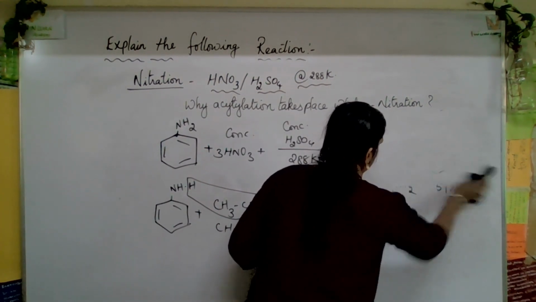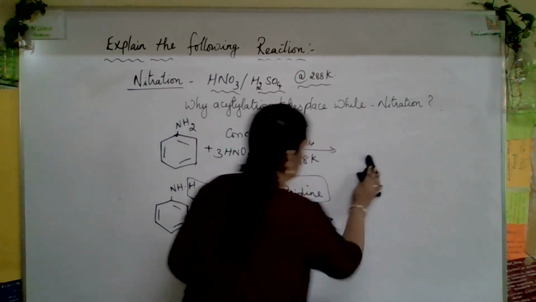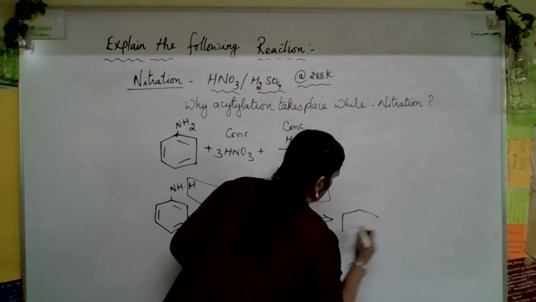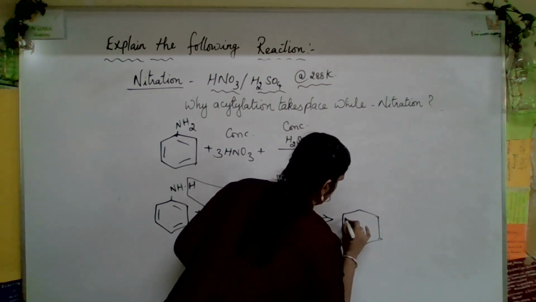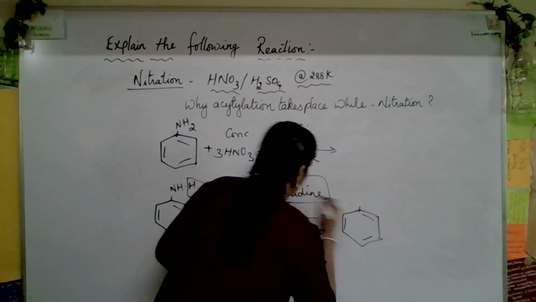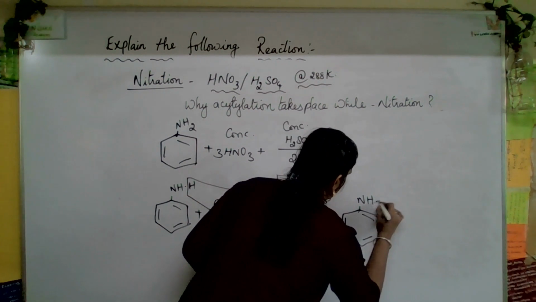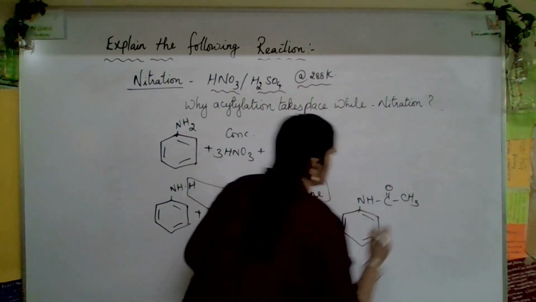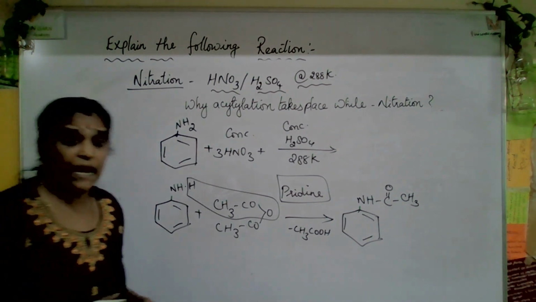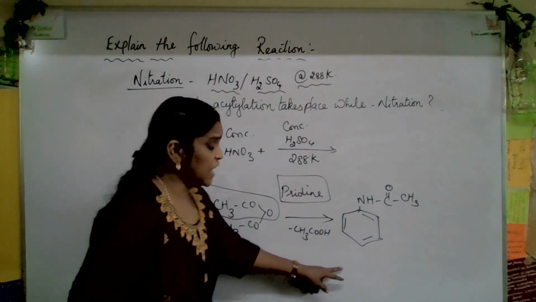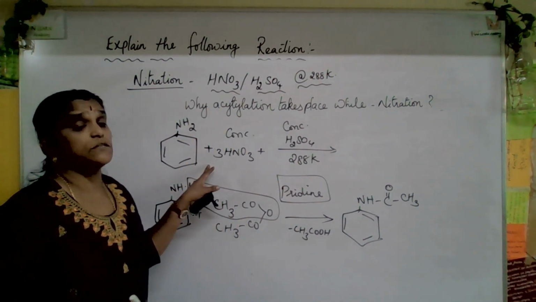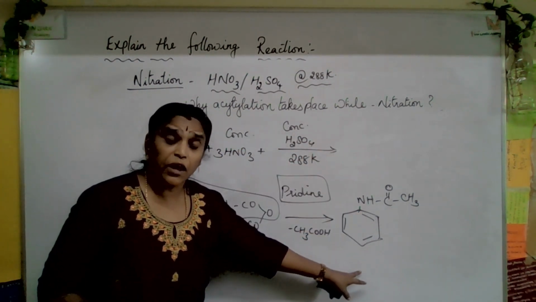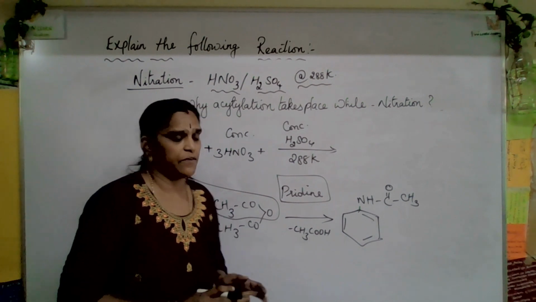Let us go for that. Here aniline, here NH, C double bond O, CH3: acetanilide or anilide. This derivative combined with the nitrating mixture gives the amide compound of the nitro derivative.